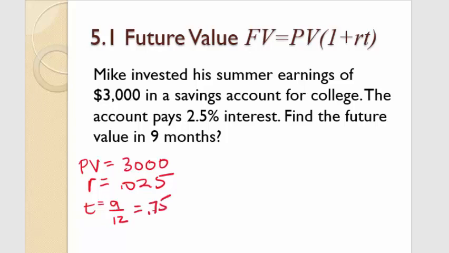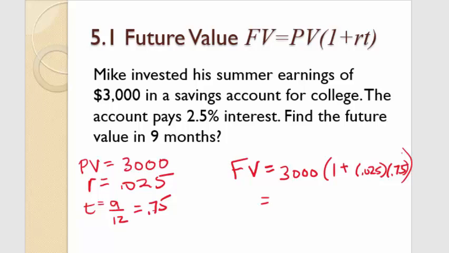Now let's plug everything in. The future value, or the amount that you will have at the end of 9 months, is equal to the $3,000 of the initial investment times 1 plus the rate, and I'm going to put rate in parentheses, 0.025, times the time, which is 0.75. So putting that in my calculator, I need to make sure that I use order of operations. So I've got to go into my parentheses first, which means to multiply left to right.